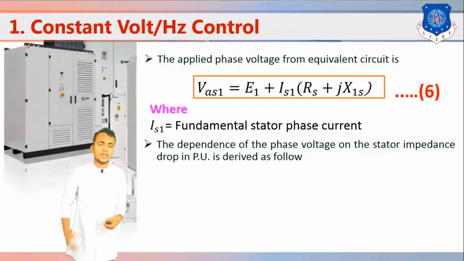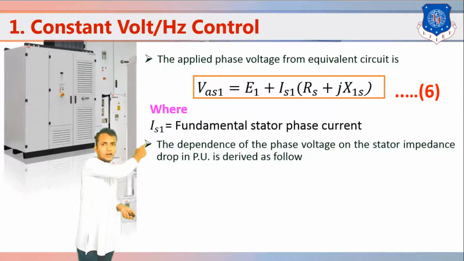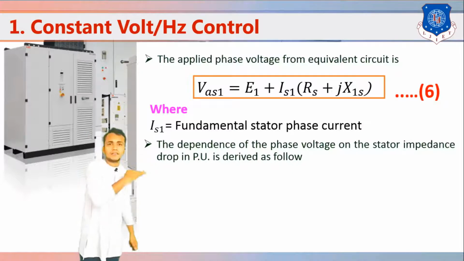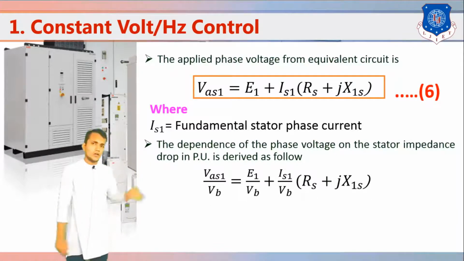Now we have to explain this in the per unit system also. Here we use Vas1 and Vasn, that is normalized, so that is why we use the per unit system. For the per unit system, we divide every value by the base value.